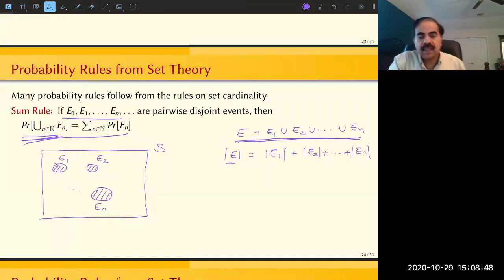There is nothing you need to understand specifically about probability in order to derive this rule. The rule follows in a very straightforward way from the definitions in the previous slide. On the other hand, if you apply what you know about probability, the results certainly agree with what we know.